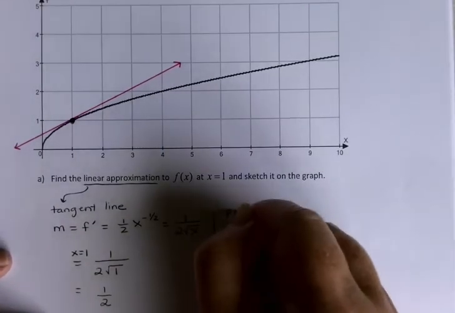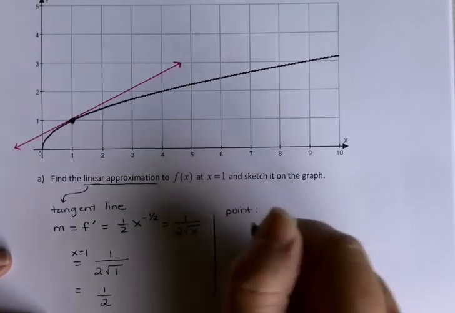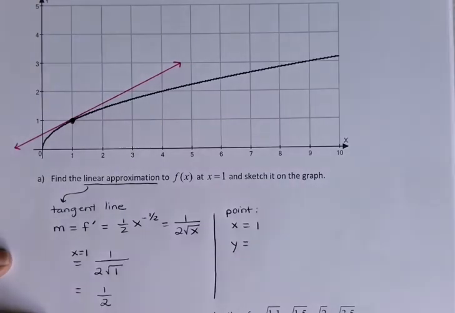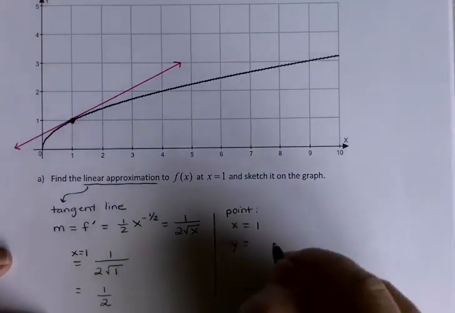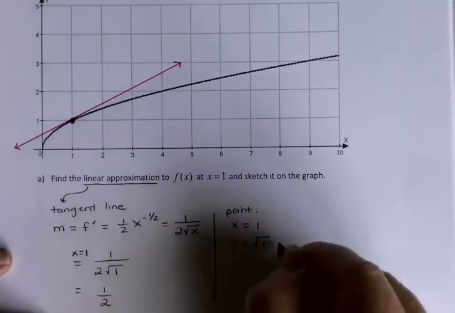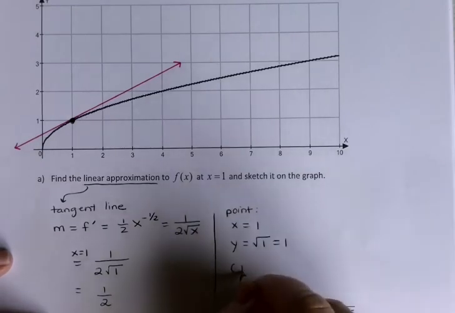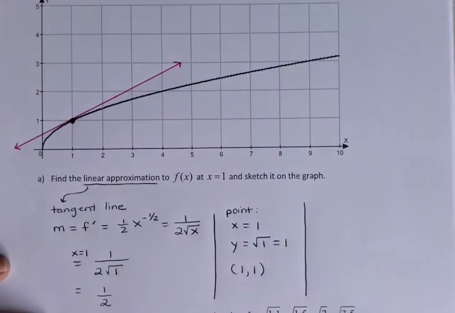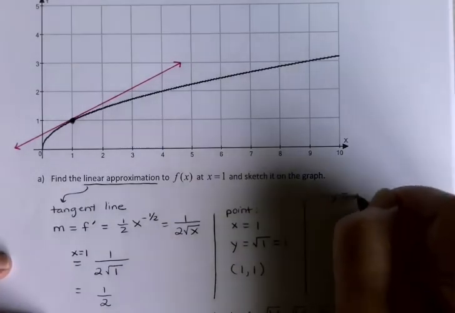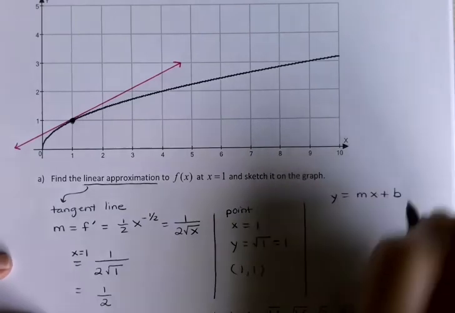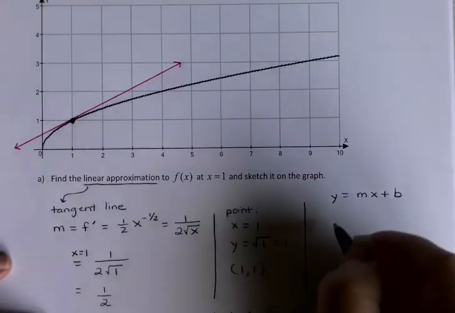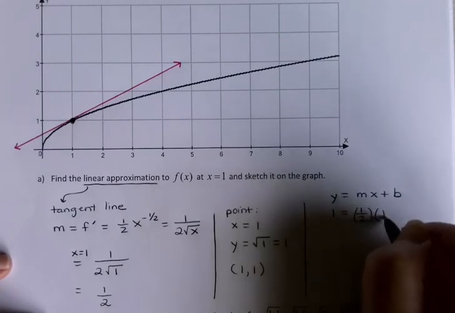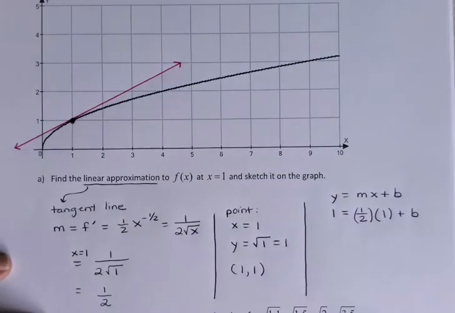Our point, they gave me x equals 1, and to get the y value, I plug back into the original function, which was the square root of x, so square root of 1, and my point is (1, 1). So to get the tangent line, y equals mx plus b, I would have 1 for y, 1/2 for m, and 1 for x.